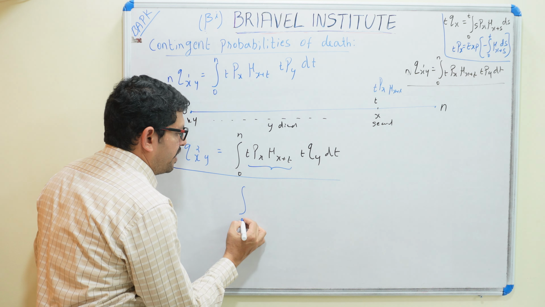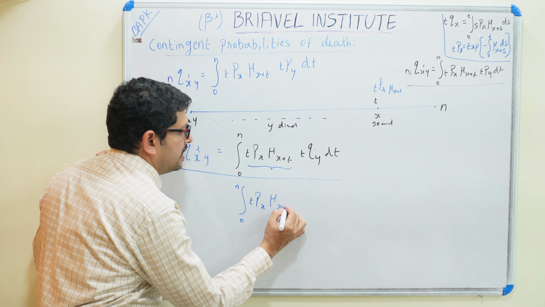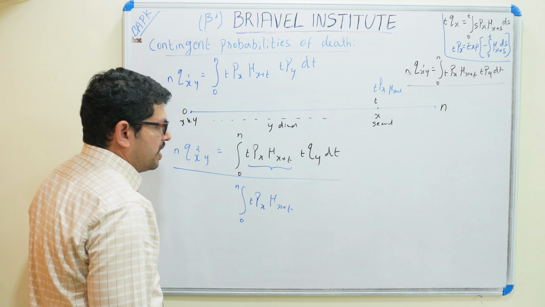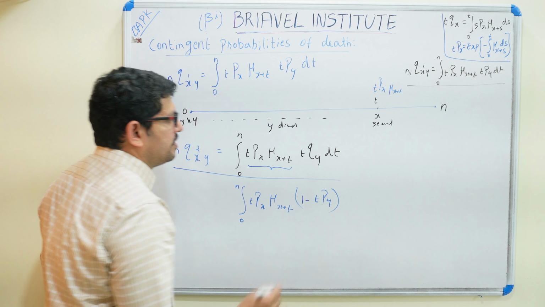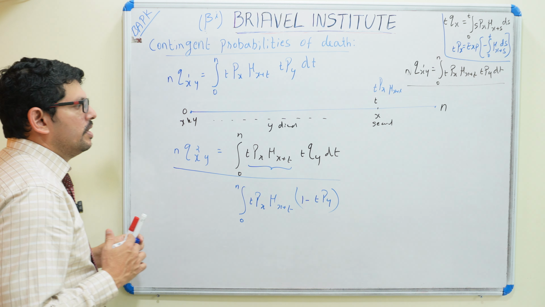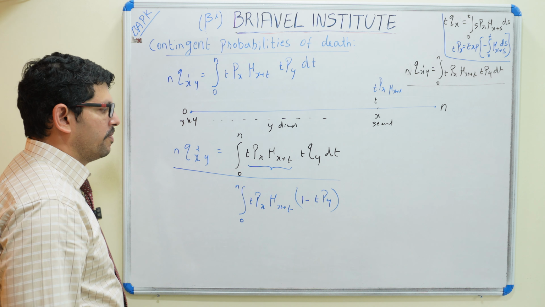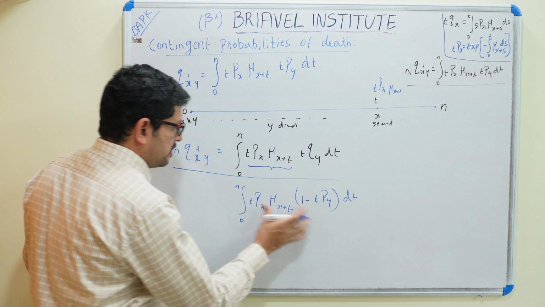Here we can do some modification. The integral from 0 to n of tpx mu x+t tqy. Instead of tqy, we can write 1 minus tpy. So we know how to write this: tqy is written as 1 minus tpy, dt. Now we can expand.